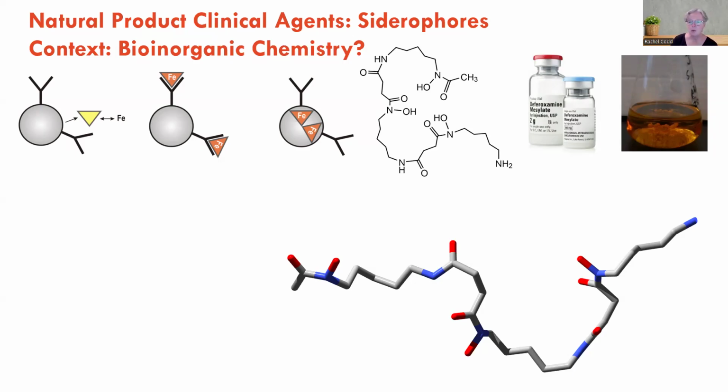These are low molecular weight organic compounds that are produced by bacteria, and the purpose is to acquire ferric iron. Almost all organisms, certainly humans and most bacteria and fungi, have a fundamental requirement for iron.